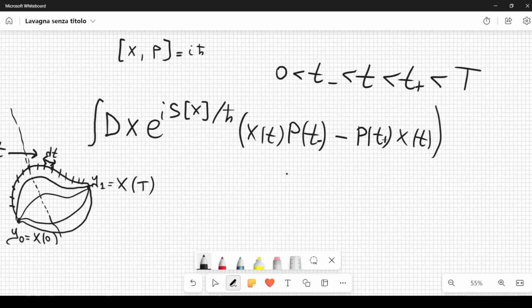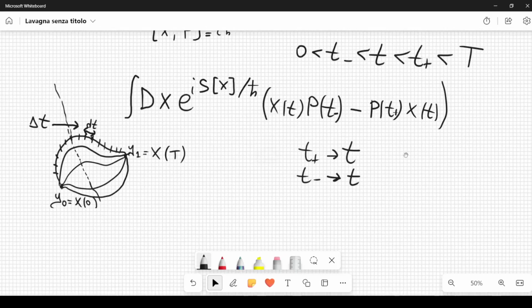We will take the limit, of course, where t plus will go to t. So t plus will become closer and closer to t from the right, as you can see. And t minus will also go closer and closer to t, from the left in this case. And now we will see what we are going to get.